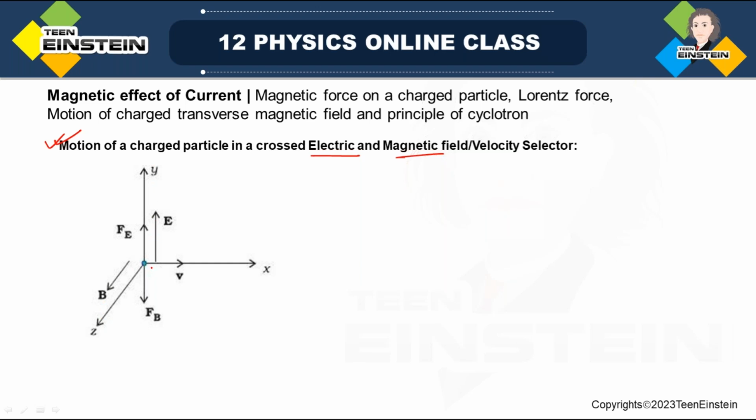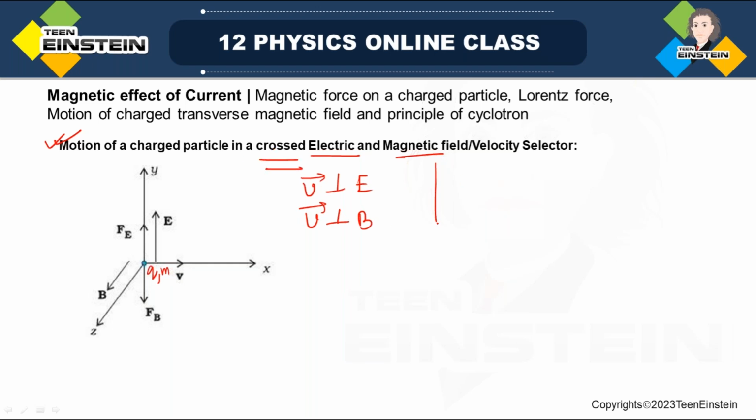and a charged particle having charge q and mass m is entering into the region with the velocity v, and the velocity is along the x direction. That means both are transverse to the velocity vector. See, velocity vector is perpendicular to E as well as perpendicular to B. That's why it is called transverse or crossed electric and magnetic field.